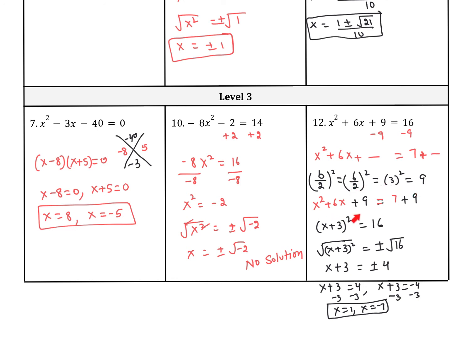You have x squared plus 6x plus 9 equals 7 plus 9. x plus 3 squared equals 16. Take the square root on both sides. You get x plus 3 equals plus or minus 4. One time you take positive 4, one time you take negative 4. You get the answers x equals 1 and x equals negative 7.